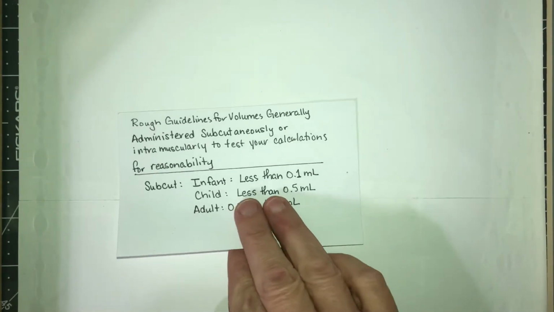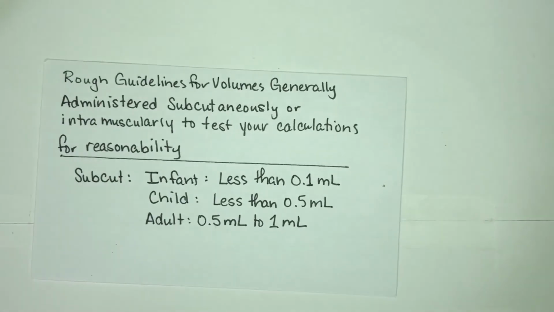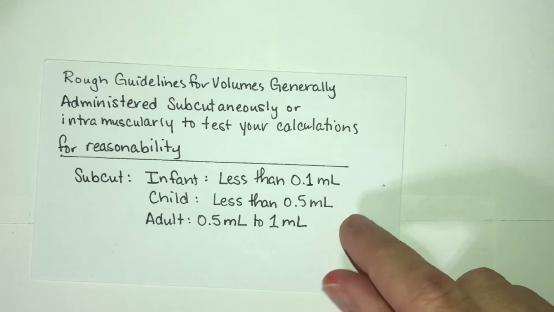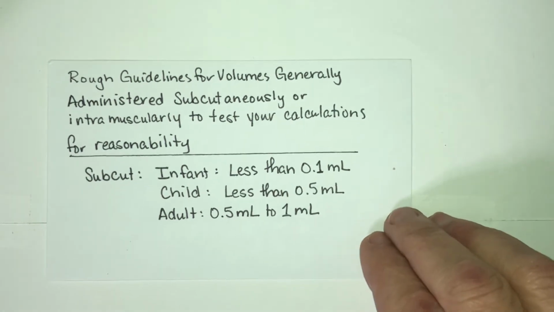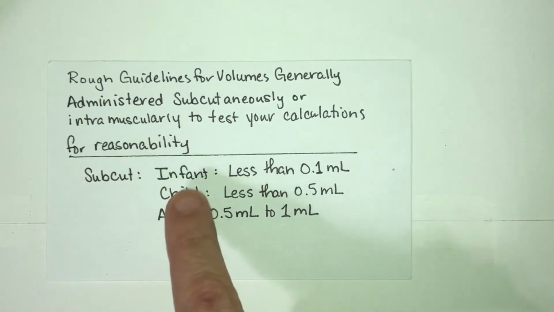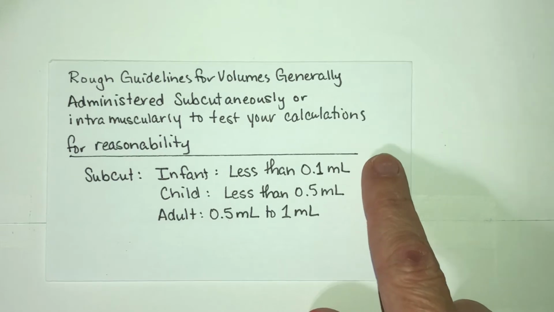Okay, now in the book, but not in the PowerPoints, they give you certain guidelines for medications generally administered subcutaneously or intramuscularly to test your calculations for reasonability. If you're giving an injection subcutaneously, for an infant, the dosage is usually less than 0.1 milliliters.